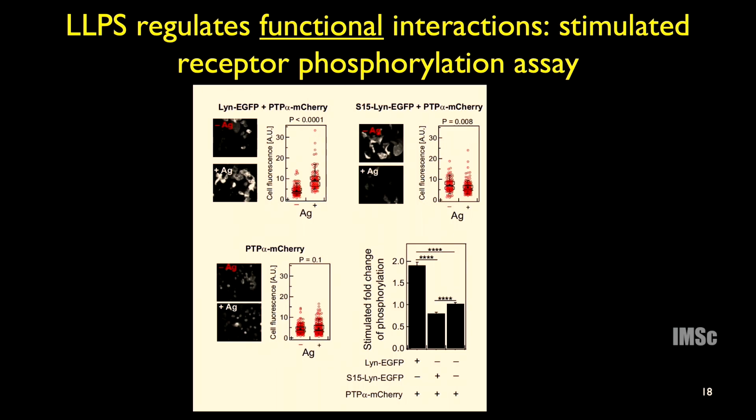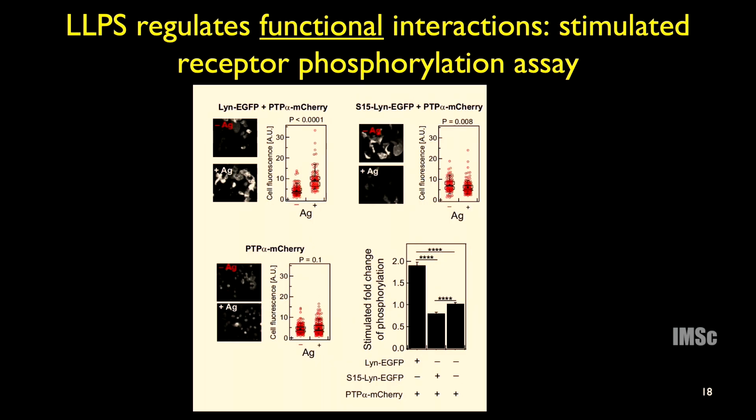Moving to even more detailed functional interactions, what we did here, we reconstituted in a system the kinase, phosphatase and the receptor, and we look at plus or minus Ag and see whether the receptor is phosphorylating or not. When wild type kinase, wild type phosphatase and the receptor are all present, we see clear phosphorylation after antigen.